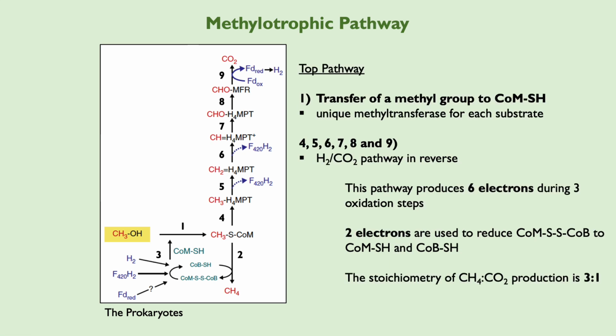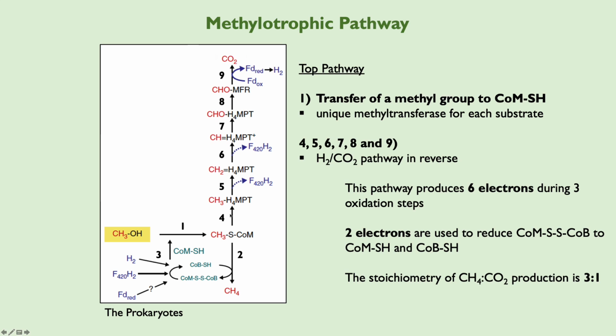And the top portion of this pathway, which oxidizes a methyl group to CO2, is really just the reverse of the hydrogenotrophic pathway. So in this case, we have a transfer of the methyl group to coenzyme M, and then oxidation of this methyl group to carbon dioxide.